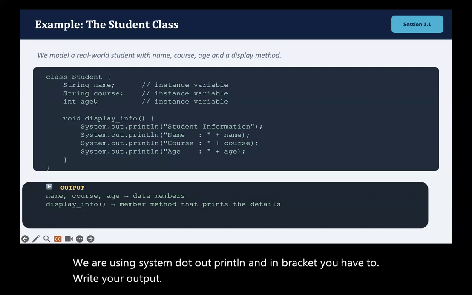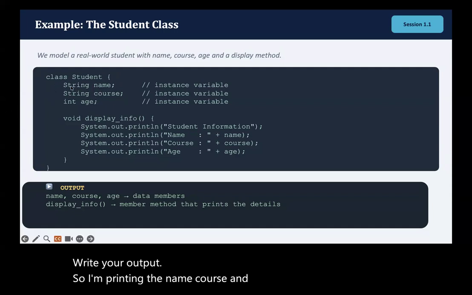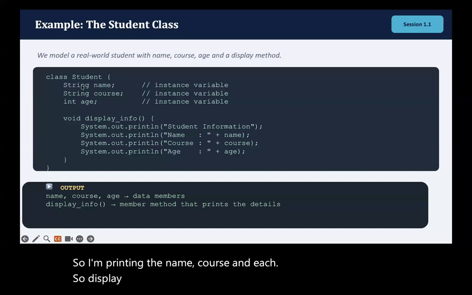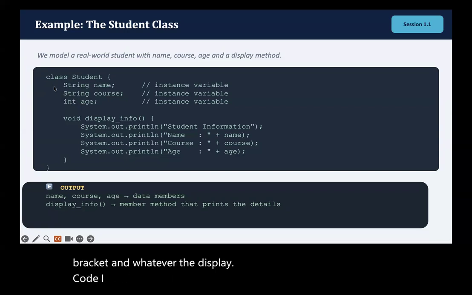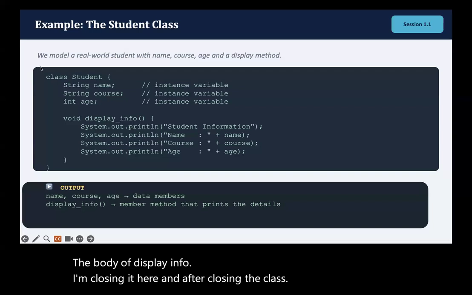So I'm printing the name, course, and age. I started display info here. You can see an opening bracket, and whatever display code I have given is inside this display info, because I'm closing that method here. So this block is the body of display info.